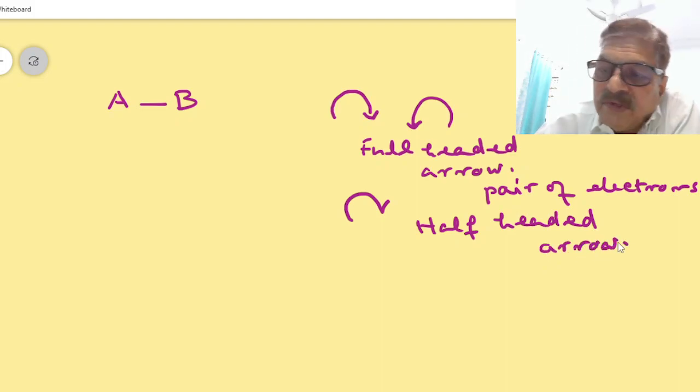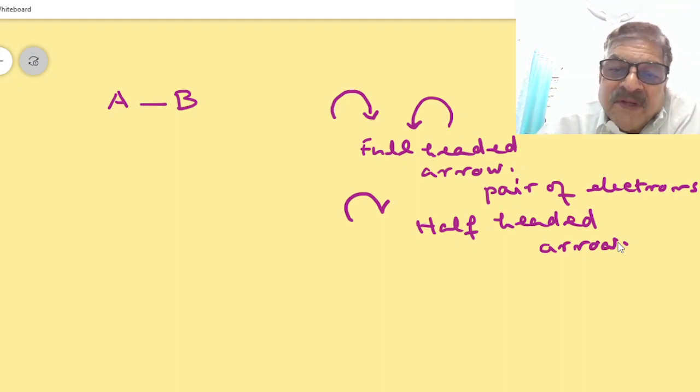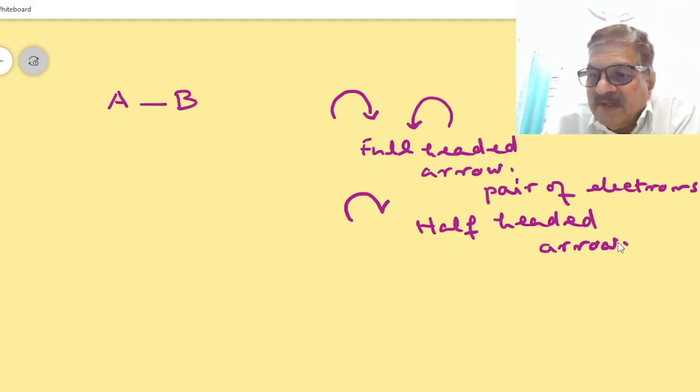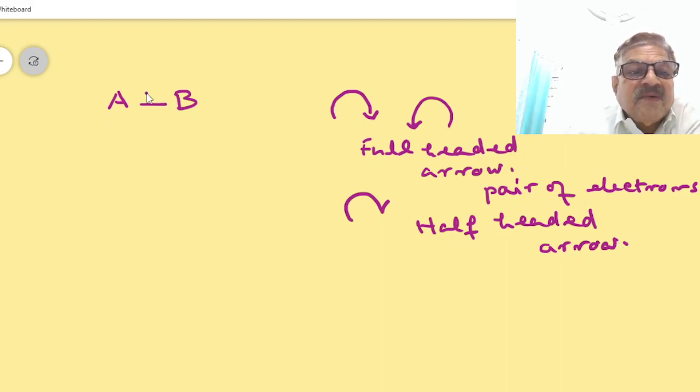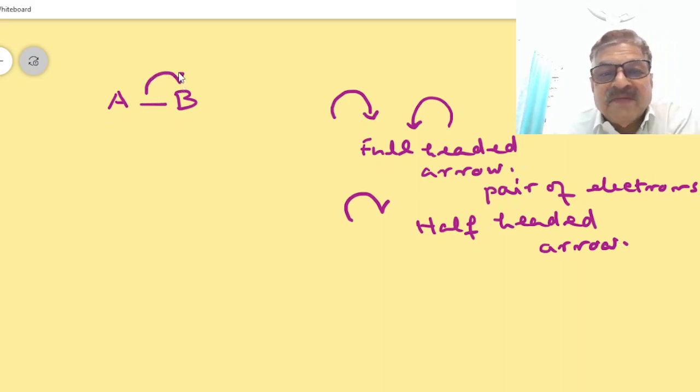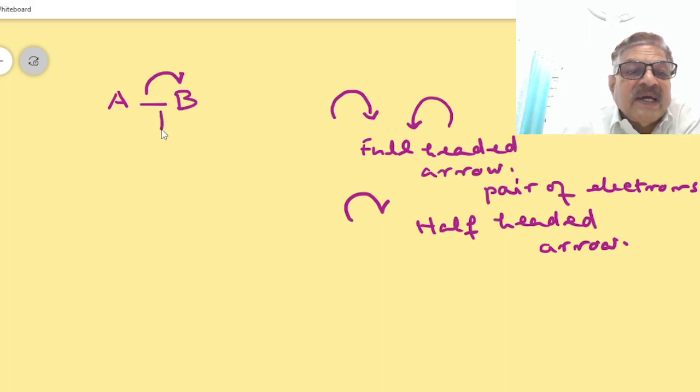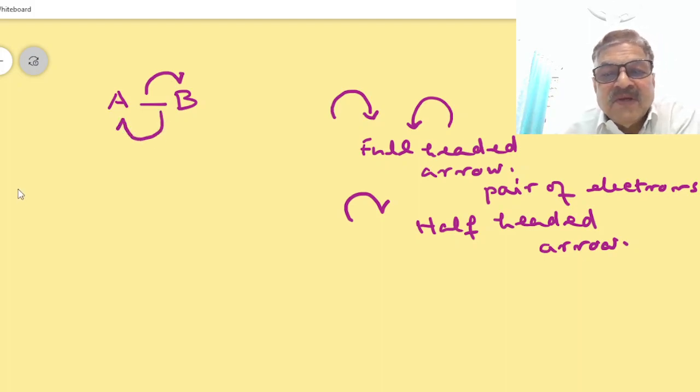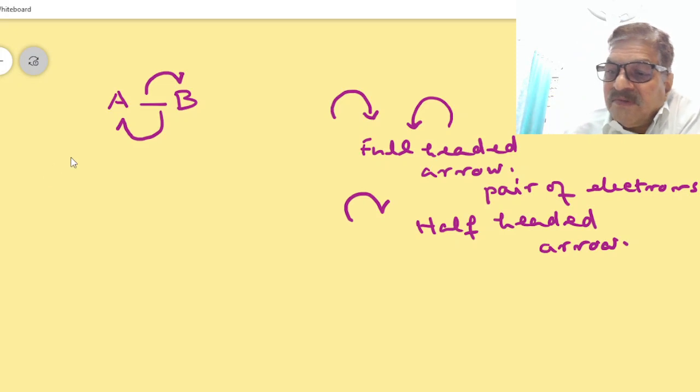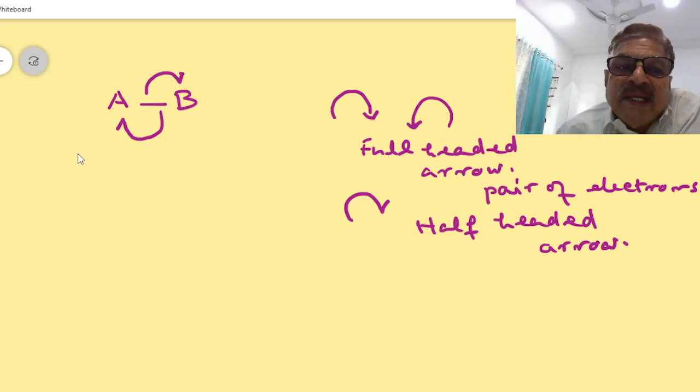Half-headed arrows are used for indicating the movement or displacement of a single electron, as in the case of homolytic cleavage. So here we can show a half-headed arrow. One electron is moving like this and another electron is moving like this. So this is the homolysis of a bond AB.